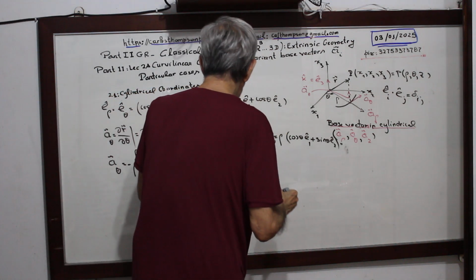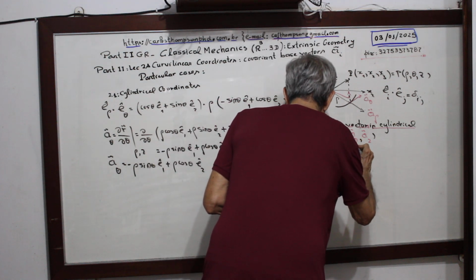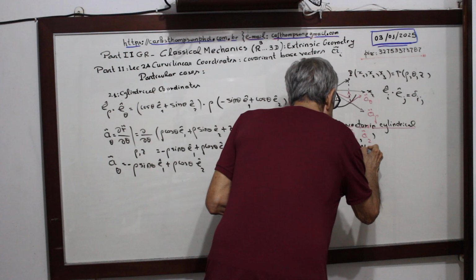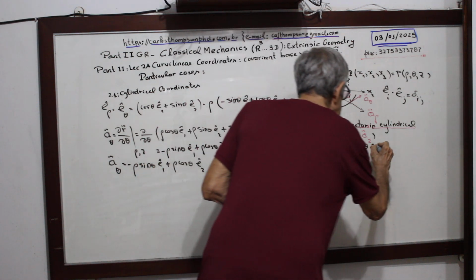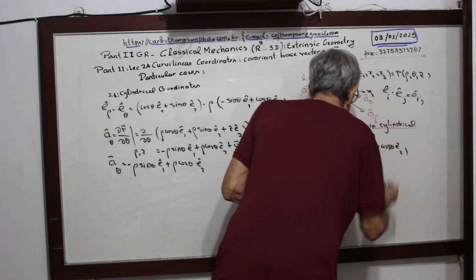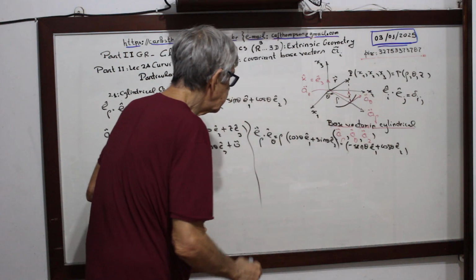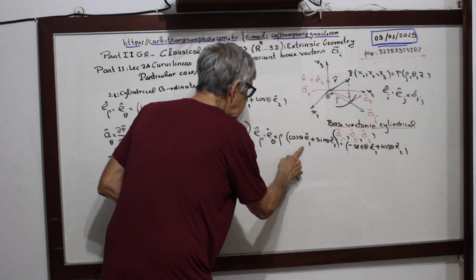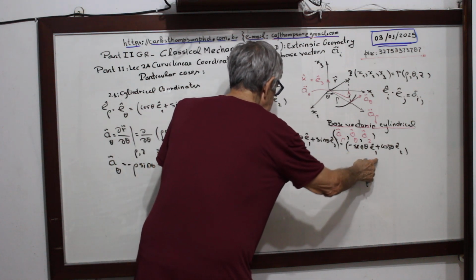Then I'll have minus sine theta, just copy, plus cosine theta E2. Again, look at that, Kronecker delta. U1 dot U1 will be 1.